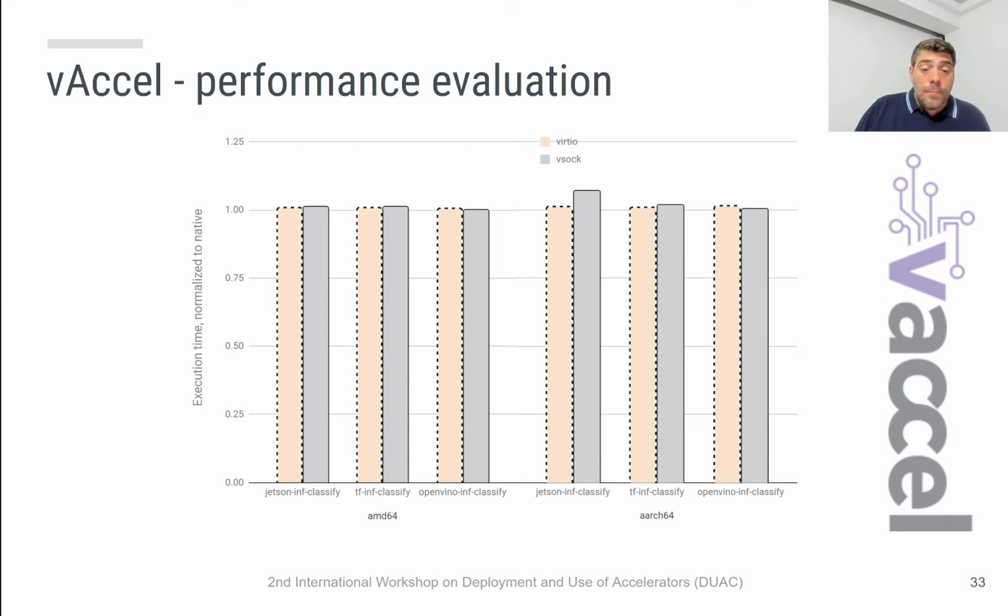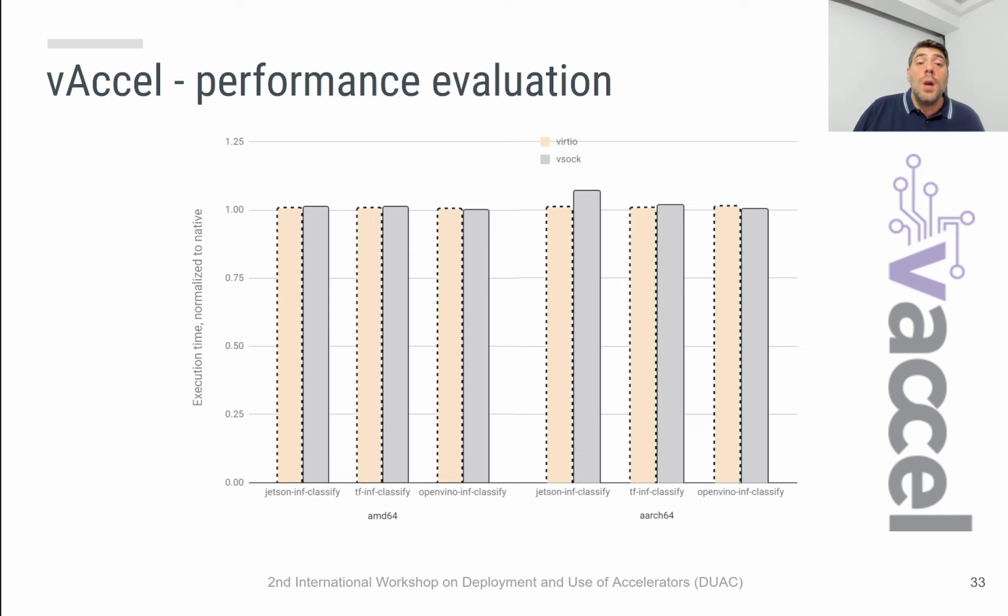The first 3 sets of bars refer to the x86 case. The next 3 sets of bars refer to the ARM64 case. The VM execution refers to AWS Firecracker, so we can see in general that the overhead is negligible.